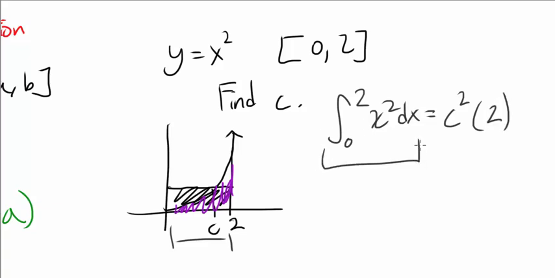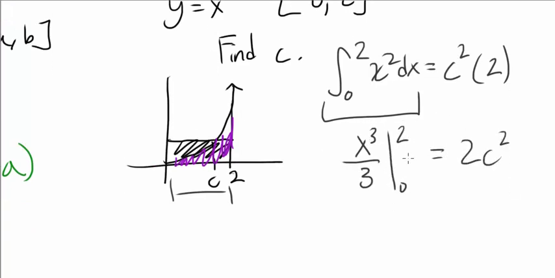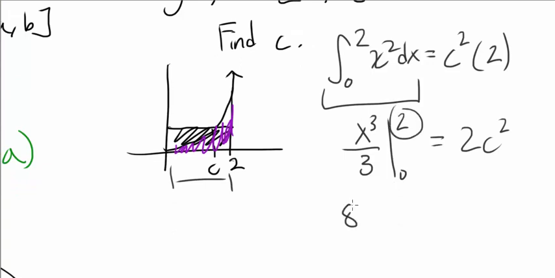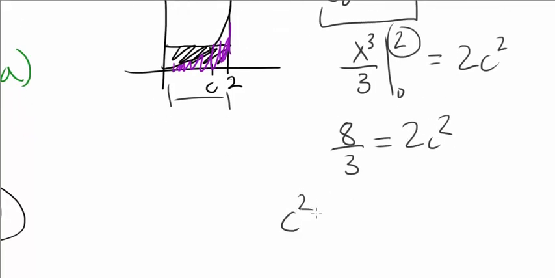And the integral from 0 to 2 of x squared dx is x cubed over 3 evaluated from 0 to 2. And this thing is equal to 2 cubed is 8, and 0 cubed is 0. So minus 0, you don't have to write it out, is equal to 2c squared. So c squared is equal to 4/3, or c is equal to plus or minus 2 over square root of 3.